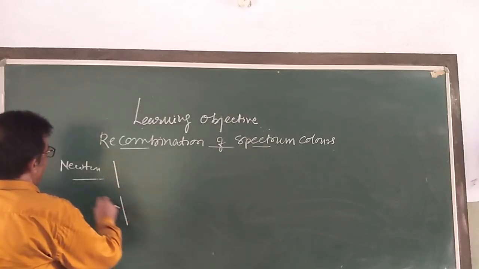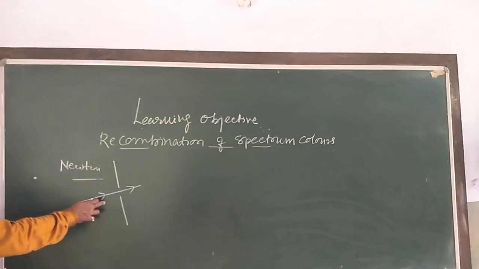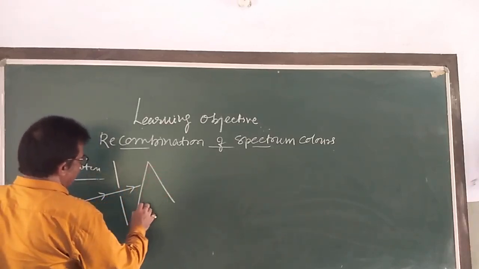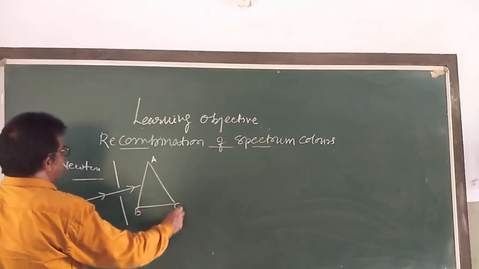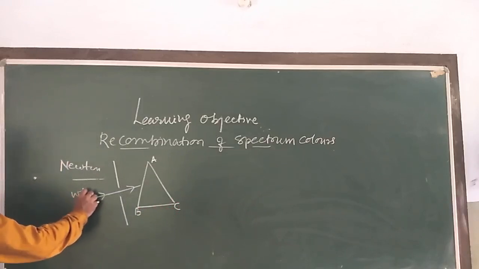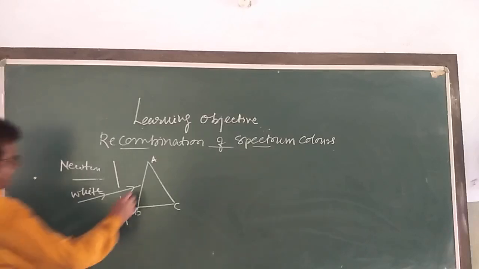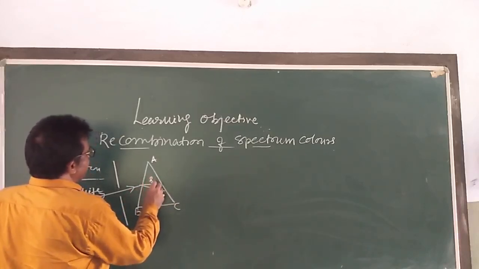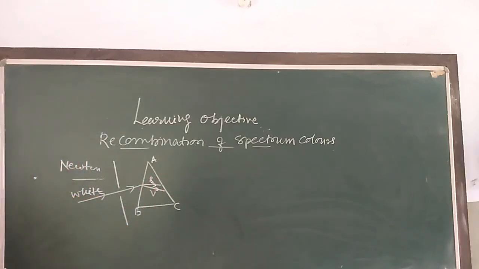When white light is passed through this cardboard, and here one prism is there, A, B and C, here the white light is passed, and then we are getting here 7 different colors. Red color and violet color are here.